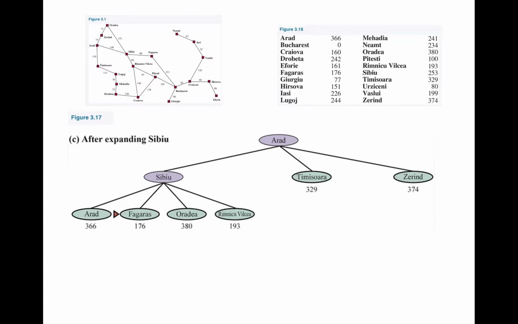queue. So yes, Arad is re-encountered in our search, but the search is not going to pursue Arad anywhere near being first because there are other nodes whose estimate h of n are much smaller, and therefore they're going to be pursued first as we explore the search queue. Moreover, Fagaras has right now the smallest h of n value, but as we expand Fagaras, certainly its successors conceivably are going to be even closer in their estimate to the goal.